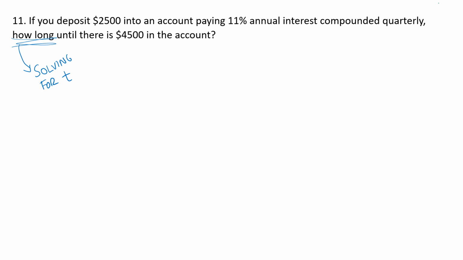So which equation are you going to be using? You're going to be using A equals P times (1 plus R over N) to the NT. And you're using that equation again because we are talking about money. We've got 11% interest compounded quarterly. So just go through and label all the numbers. You are depositing $2,500.